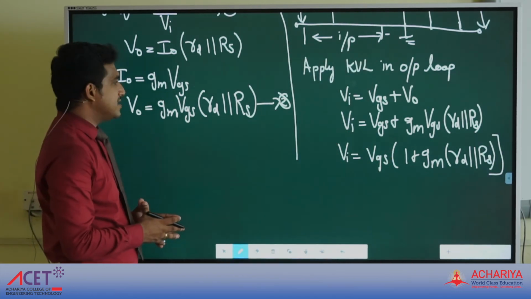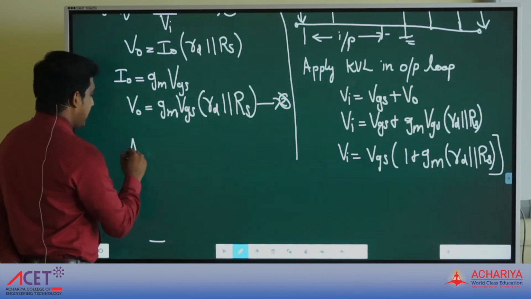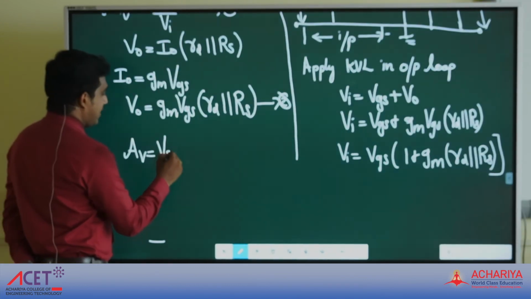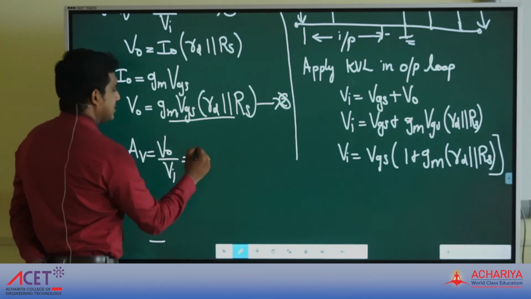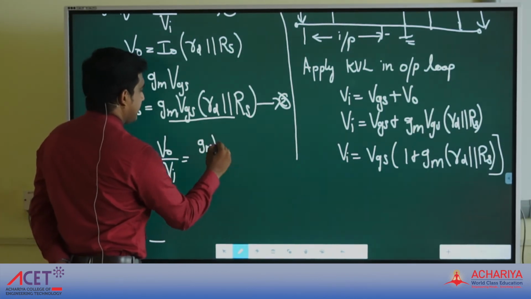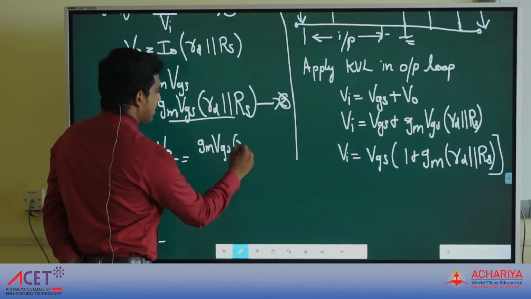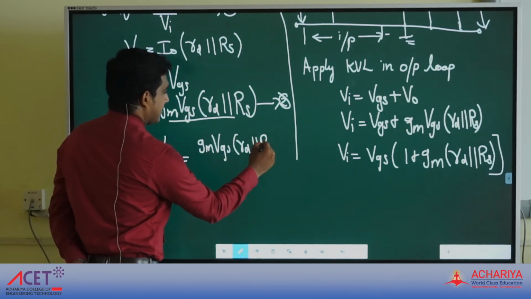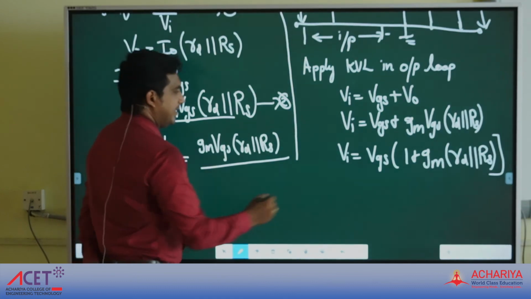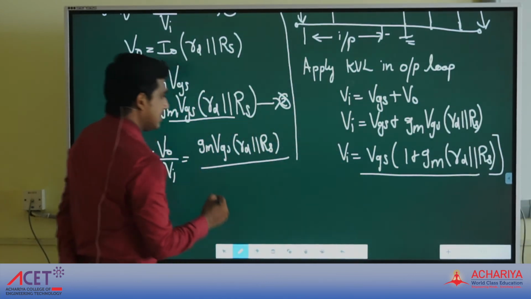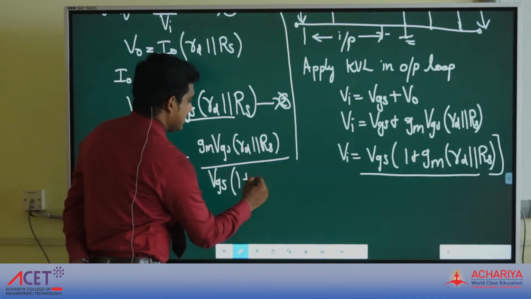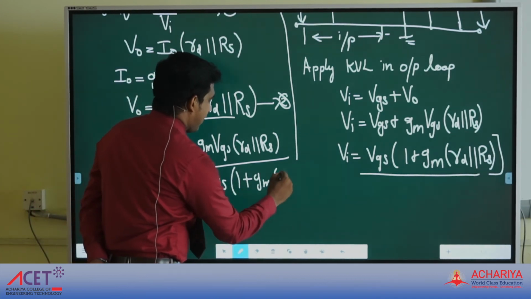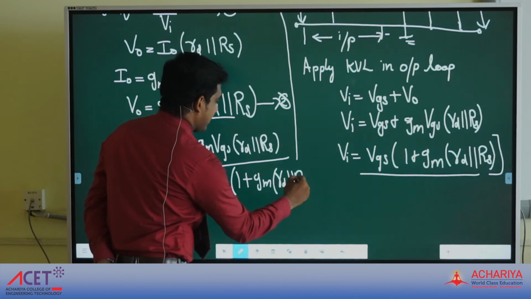Now the voltage gain AV becomes, AV is equal to V0 divided by VI. For V0 we can substitute GM VGS into RD parallel capital Rs. For VI we can substitute VGS into 1 plus GM into RD parallel capital Rs.